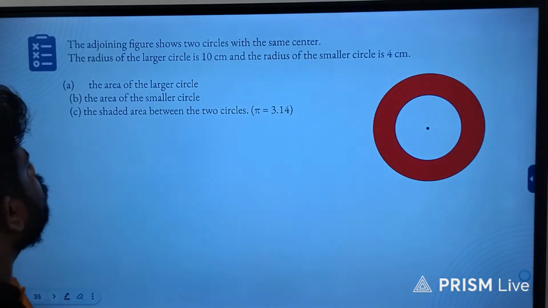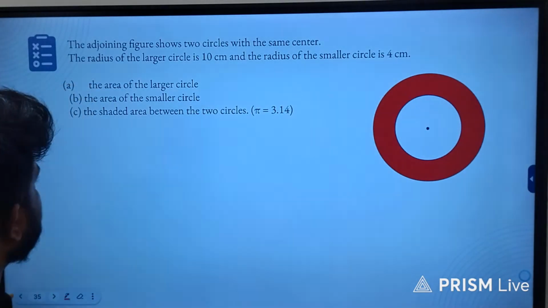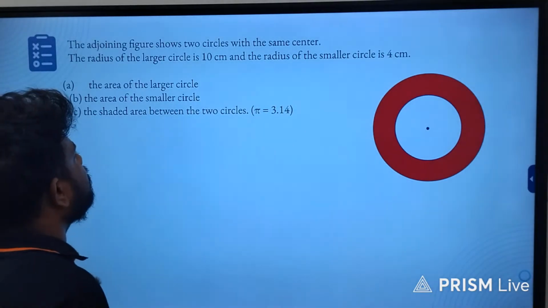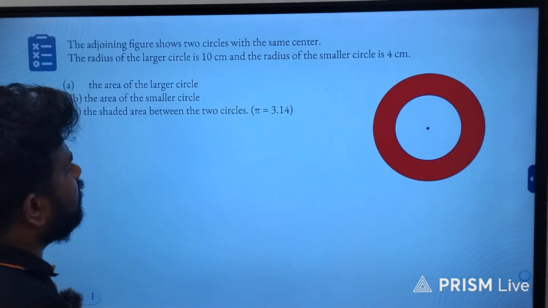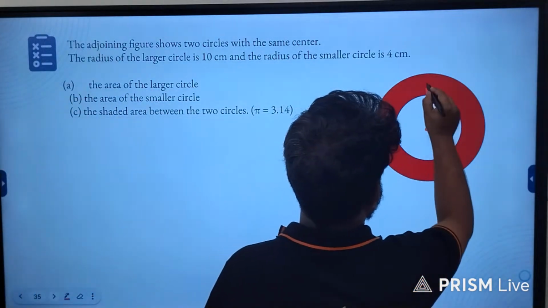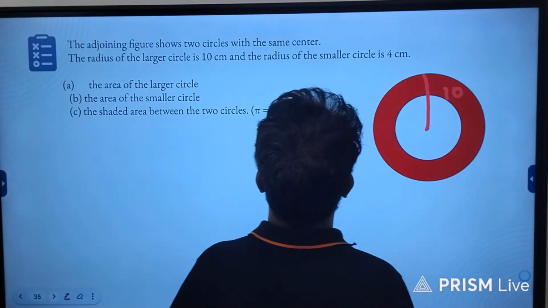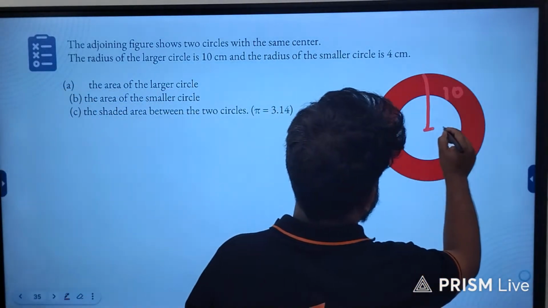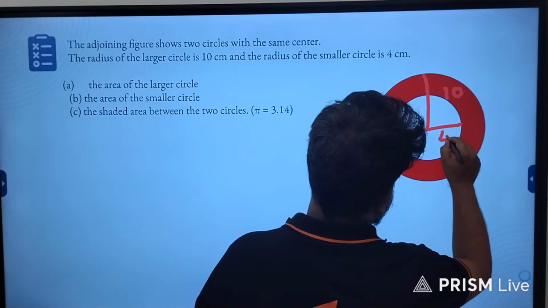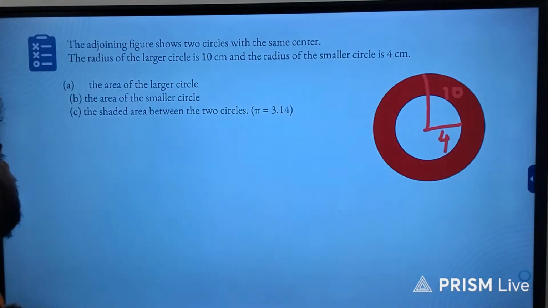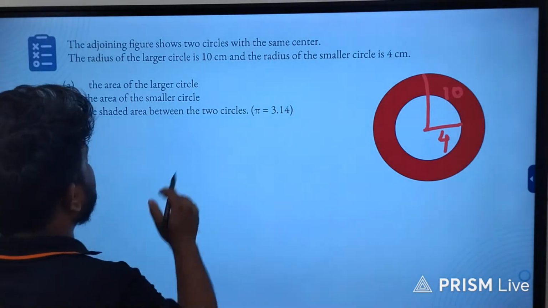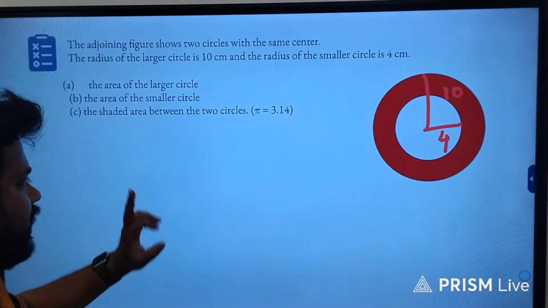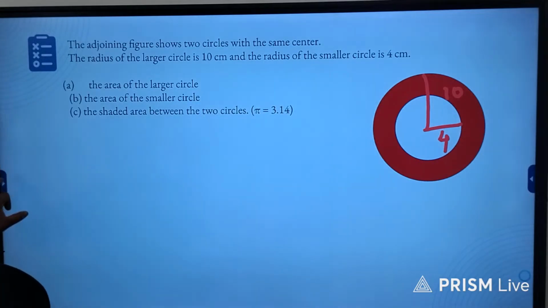The adjoining figure shows two circles with the same center. The radius of the larger circle is 10 centimeters, that means it will be this 10, and the radius of the smaller circle is 4 centimeters. So it will be 4. Find the area of the larger circle, the area of the smaller circle, and the shaded area between the two circles. Take pi as 3.14.